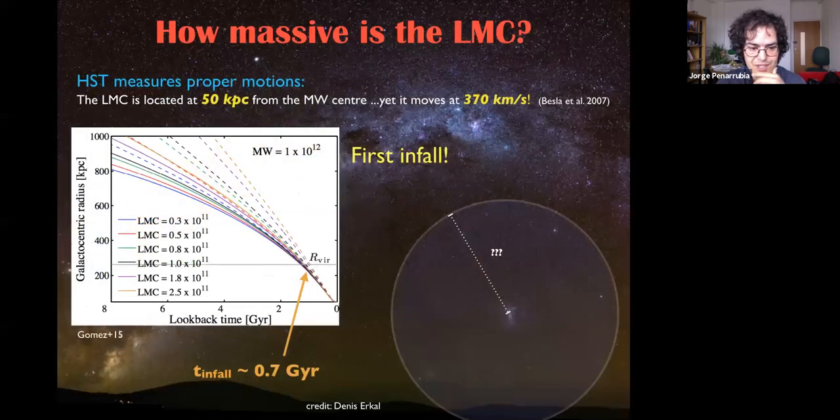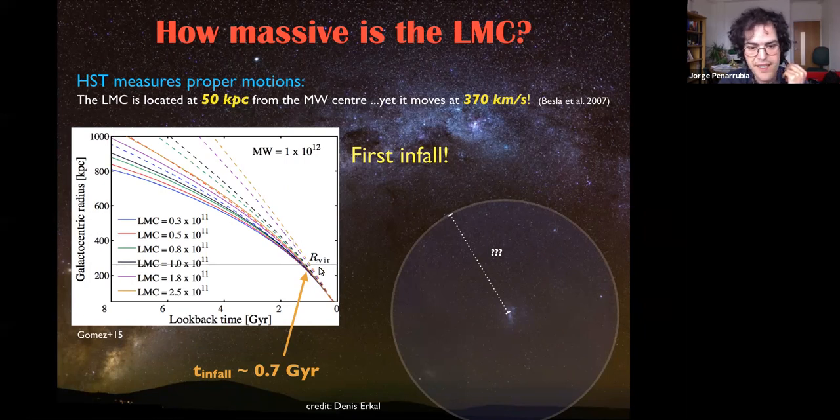And then I was at a conference with Facundo Gomez, and he was talking about the LMC. And then he showed me this plot. I said, well, the LMC might be falling in now. And the question is whether the LMC was accreted recently. This trajectory, by the way, is back in time. It's what Facundo was measuring by integrating backwards the motion of the LMC suggested by HST measurements of the proper motion of the LMC.